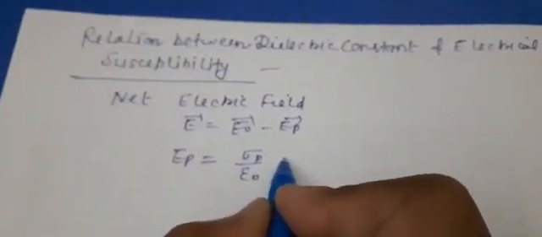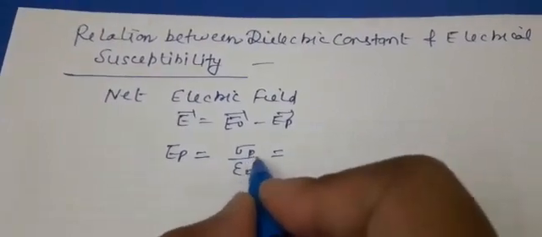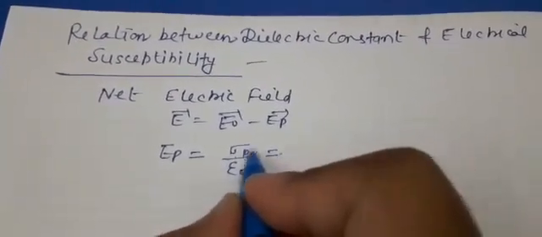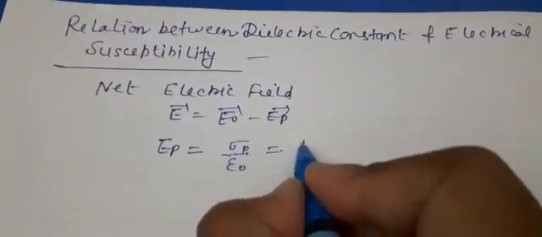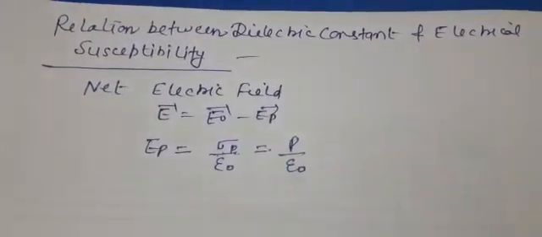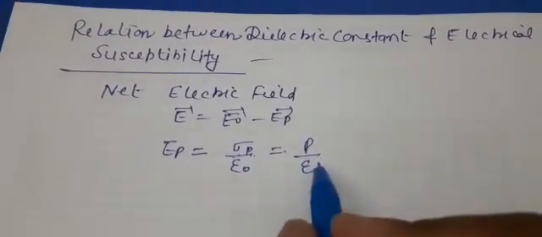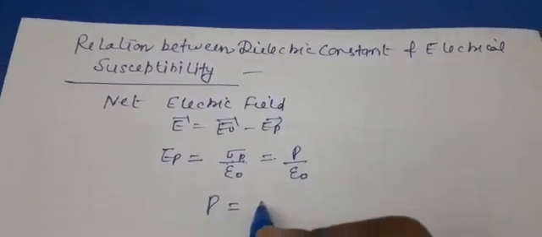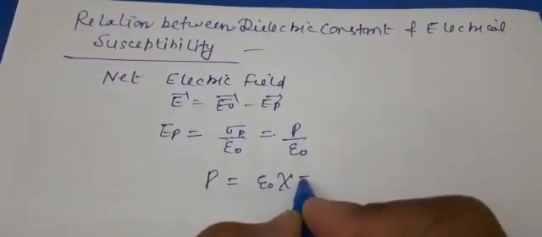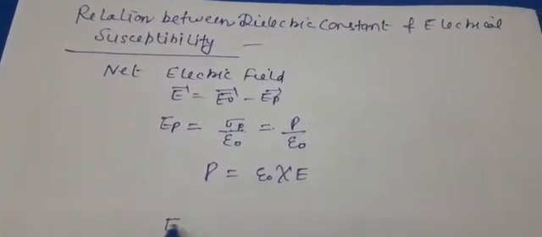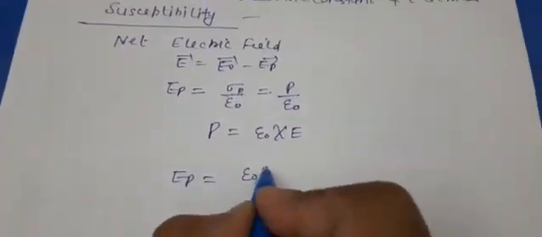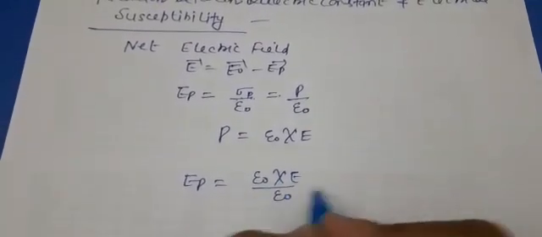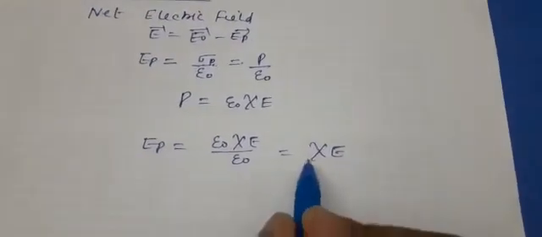In the previous derivation, we explained that polarization P is equal to surface charge density, so you replace it by P. Further, using the concept of electrical susceptibility, P is equal to epsilon naught chi into E. So E_P can be taken as epsilon naught chi into E by epsilon naught, so it will be chi into E. Now put this value of E_P in equation 1, the first equation.